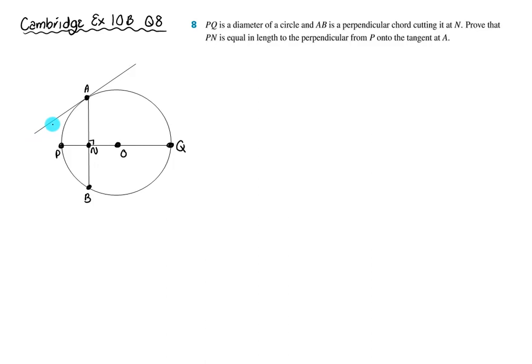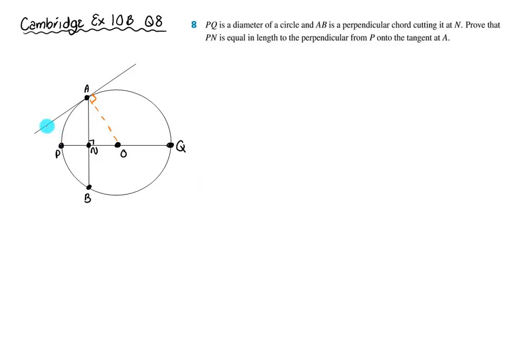So I've drawn in my tangent at A. Now we know that a tangent is at right angles to my center. So I'm not sure if I'm going to need that, but we know that that's going to be a right angle there. So the perpendicular from P, and I will change color.